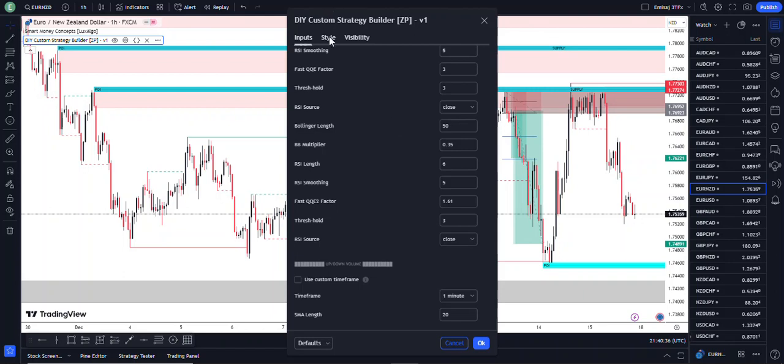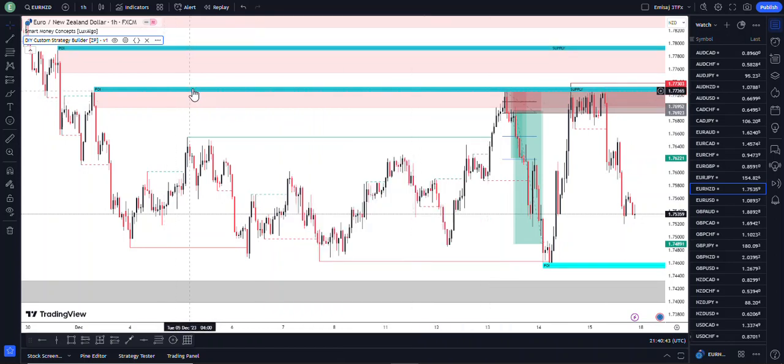Alright, so those are my settings for the DIY custom strategy builder, right? So the only thing we need there is just the supply demand.